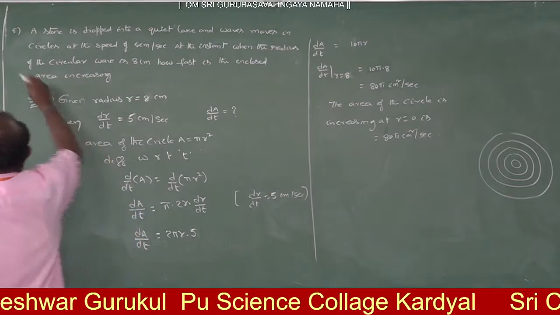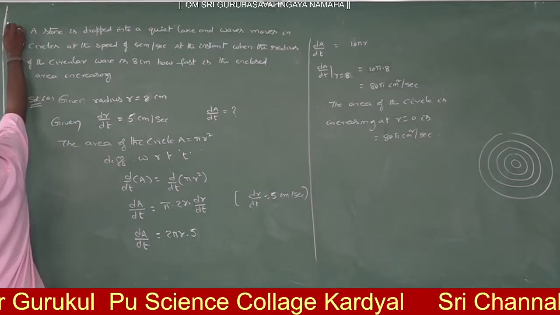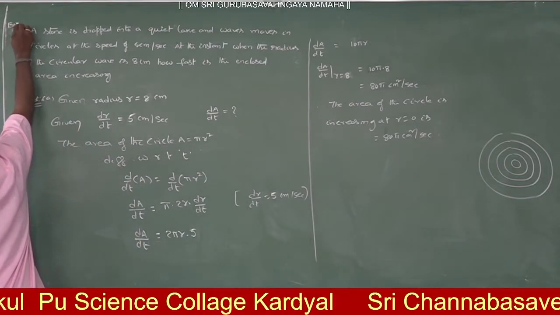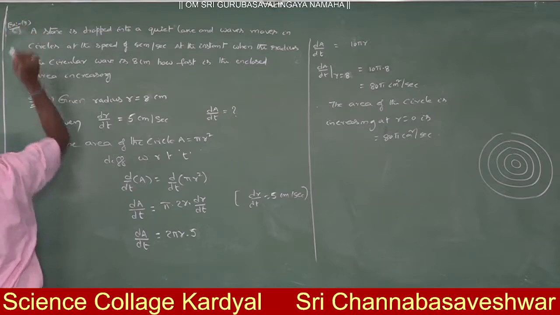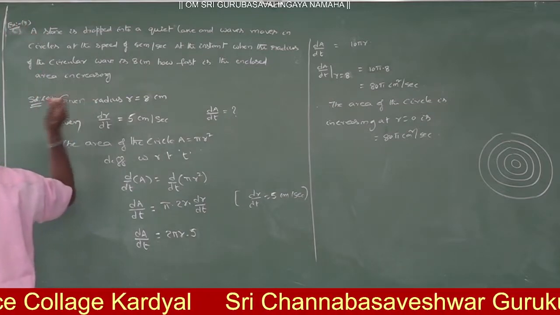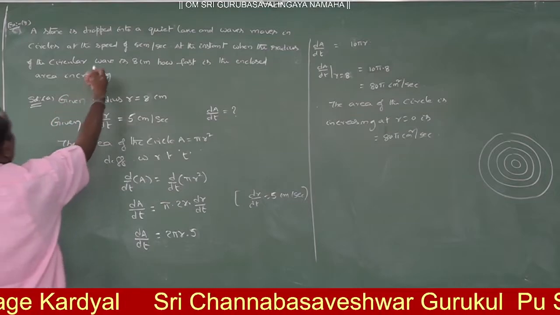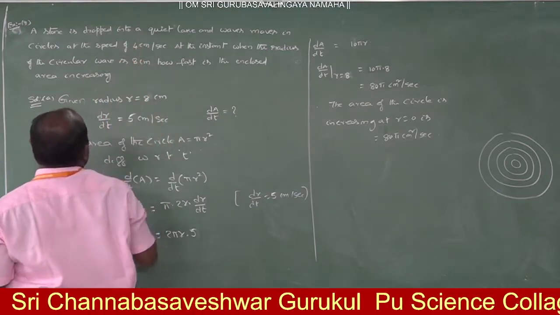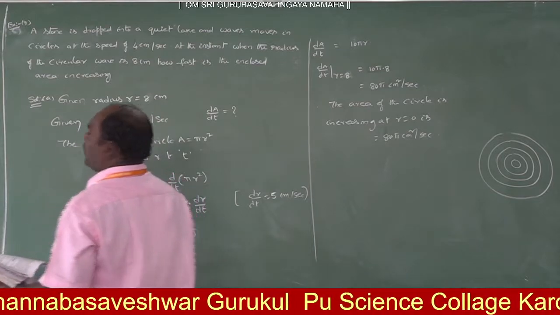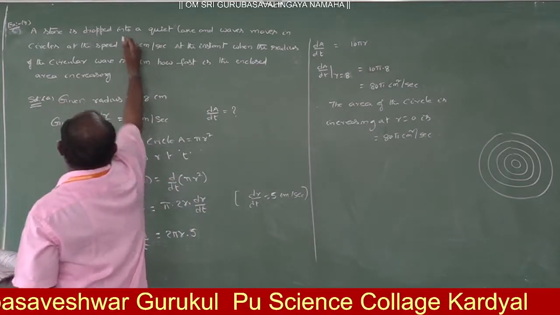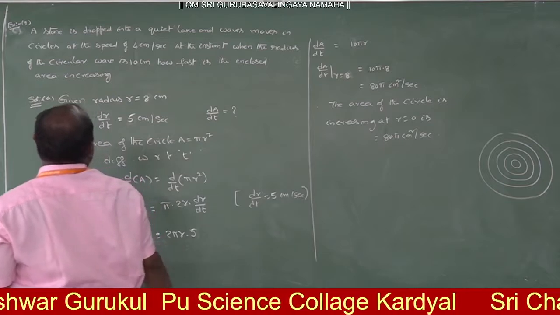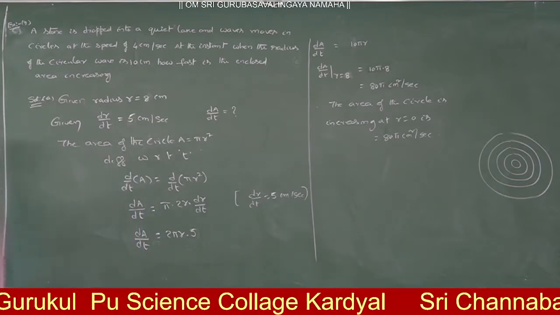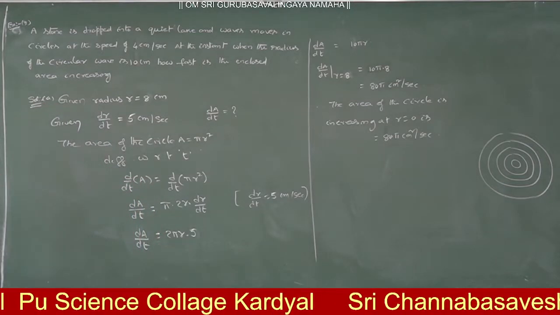Same model problem, example number 3. A stone is dropped into a quiet lake. Here these are all same. This value equal to 4 centimeters per second, at the instant when the radius of the circular wave is 10 centimeters. How fast is the enclosed area increasing?